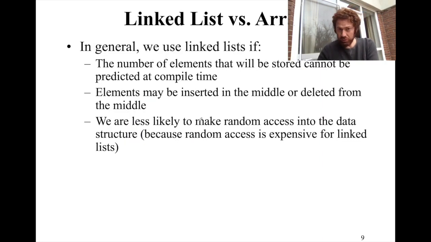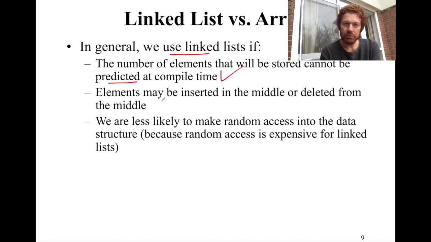Okay, so if we wrap it up, in general, use a linked list if the number of elements that will be stored cannot be predicted at compile time, so before the execution time, which is mostly the case in my experience. So it is one rule.